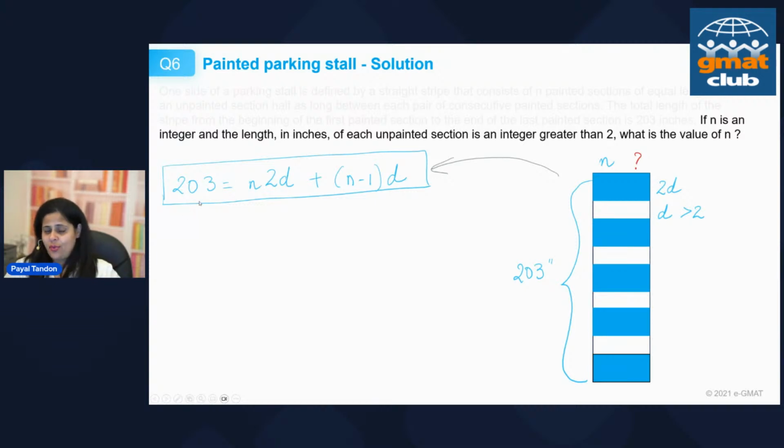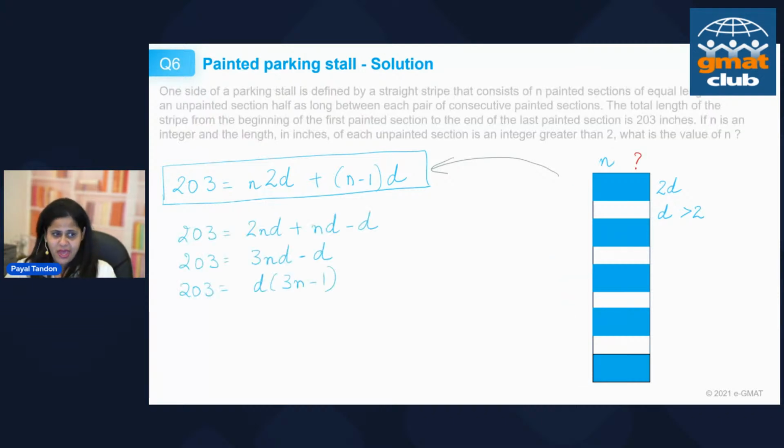Okay, if you were able to get to this point, that means you were able to translate the word problem into a visualized figure, into a mathematical equation, correctly. Now you simplify that, and what you get is 203 equals the product of two numbers, d and (3n minus 1).